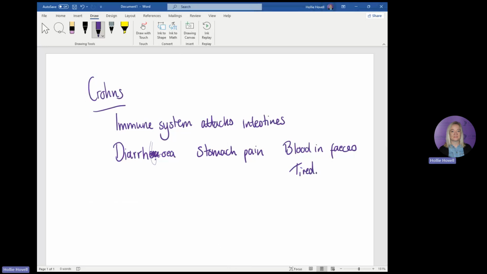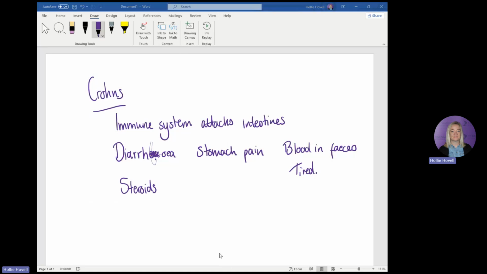All right. So how do we treat that? Again, steroids. Steroids are medication that stop inflammation. So again, you would have an inflamed bowel, so steroids would help. If you struggle to get food through your intestines, sometimes liquid food is easier to manage.